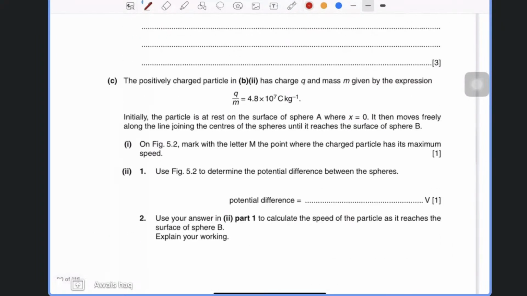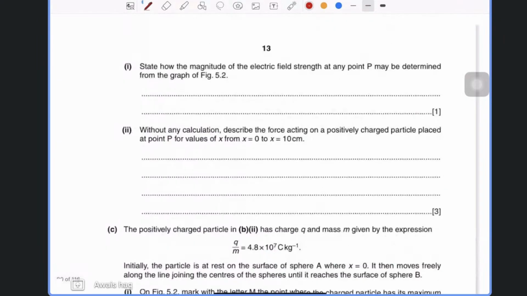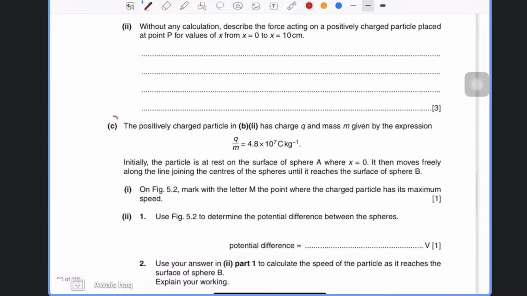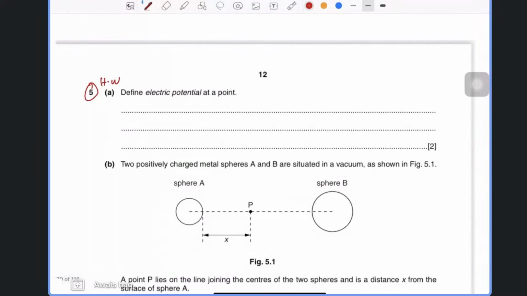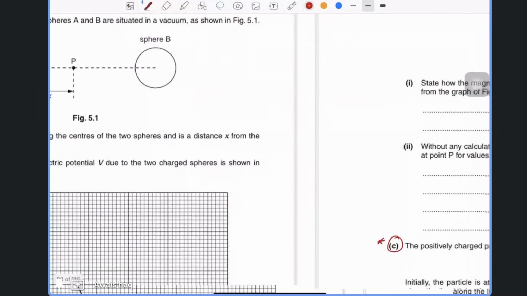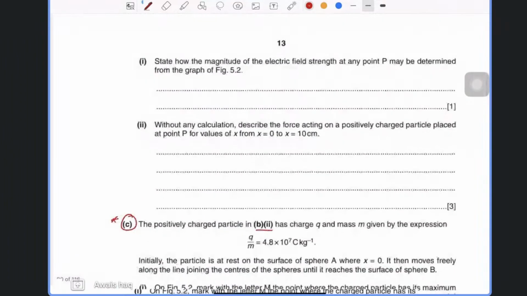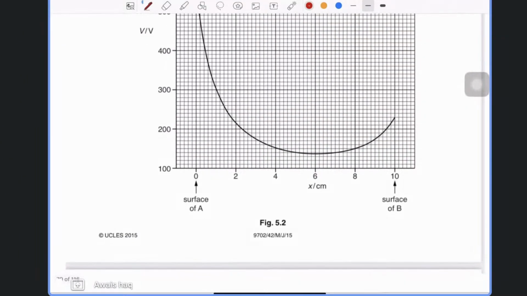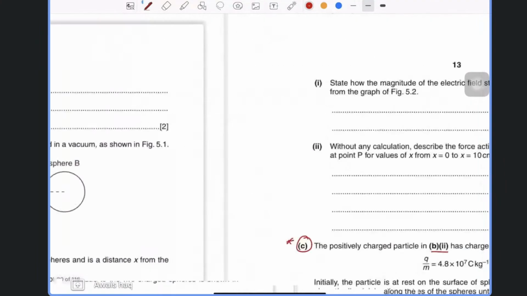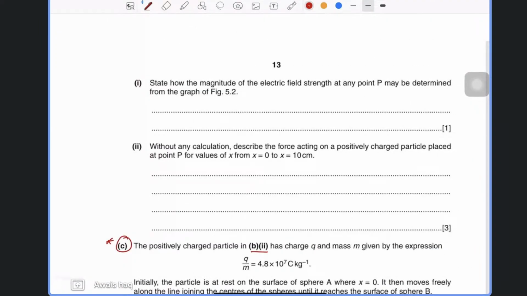Let me see, what is this? But I think I'm going to solve this question. The rest of them you can do. Anyway, in this question it says the positively charged particle in B2. B2 says without any calculation, describe the force acting on positively charged particles placed at point P for the values of x 0 to 10 centimeter.